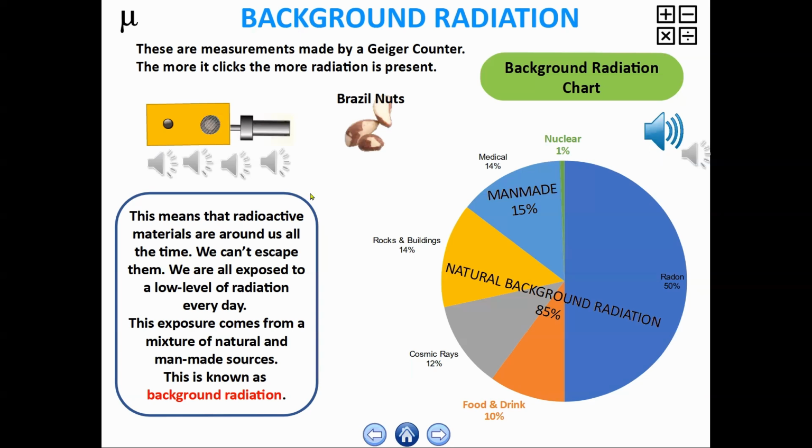And radiation is all around us, all of the time. We can't escape it. In fact, there's a place called Chernobyl, and when we look at half-life, we revisit this kind of concept.